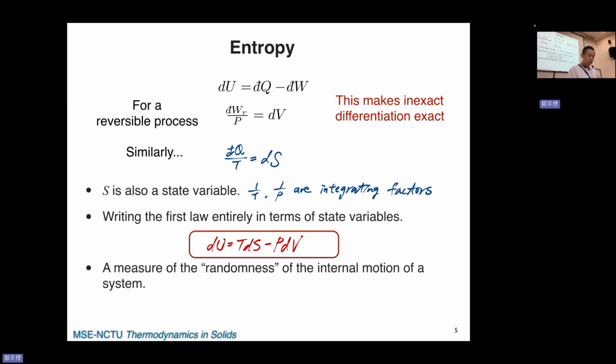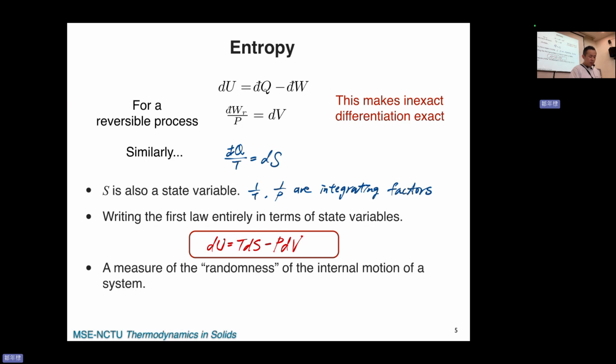Last time we talked about whether we can find a state variable other than the internal energy, which is entropy. So how can we get the entropy? We found that if we apply an integrating factor, it will make the inexact differential exact.